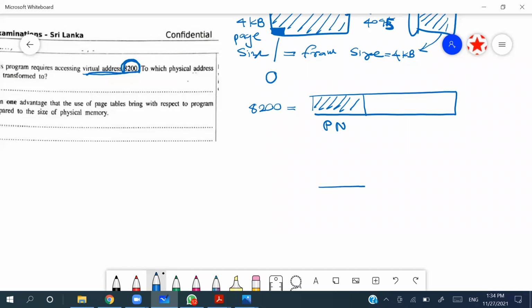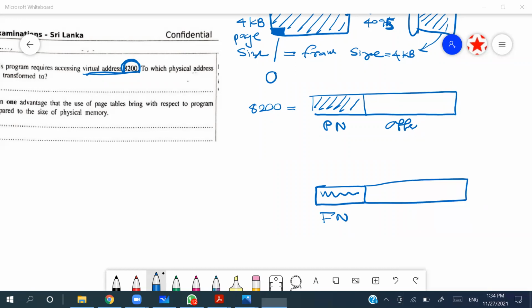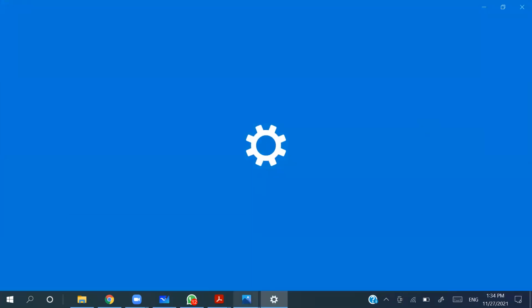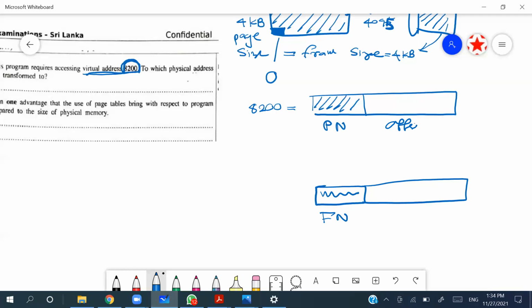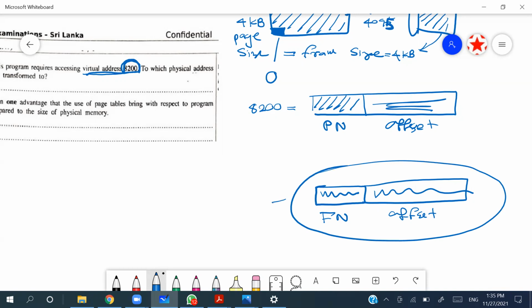That means this page number is going to be replaced by a frame number. You will be getting some pattern that can be taken from the page table. Then the offset is not going to change. So when you have the frame number and the offset, you can figure out the value of this in decimal.